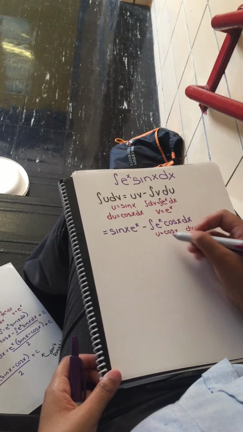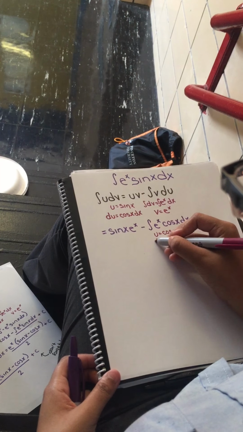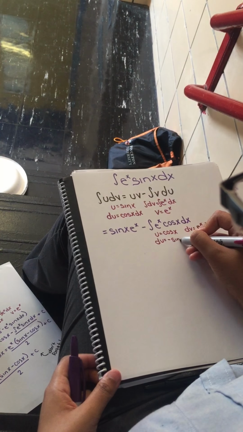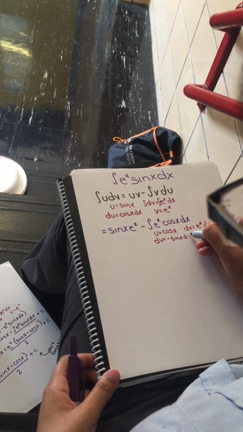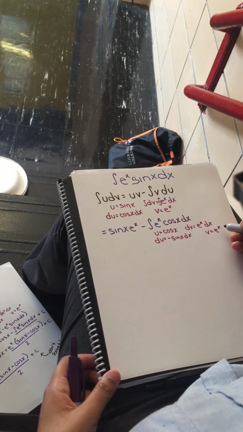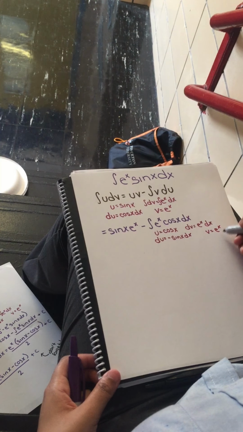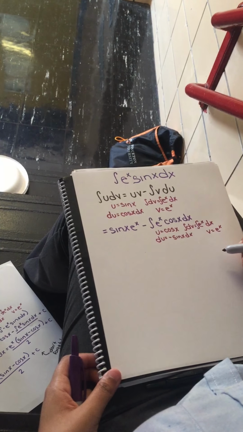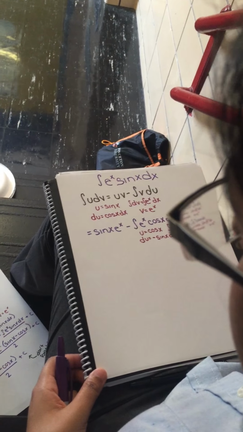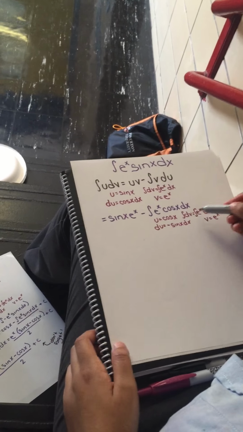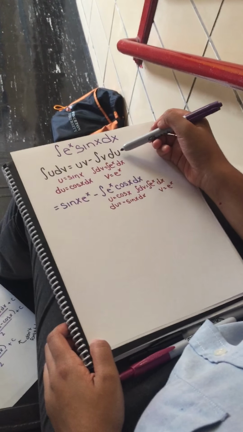When we take the derivative of u, we'd get du equals negative sine of x dx and v equals e to the x. To get v, we have to take the integral of dv, just like we did last time. And now, again, we would use these values and plug it into this equation.